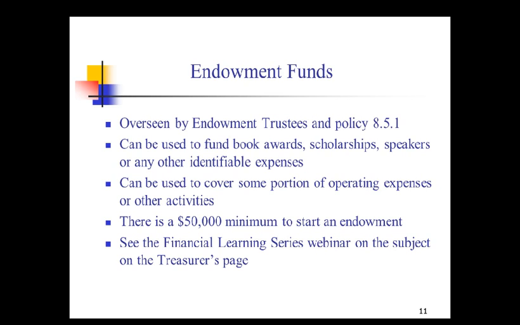Our endowments enable us to go beyond the normal work of the association to fund such things as awards and scholarships along with other expenses. On occasion, funds are used to cover a portion of general operating expenses.